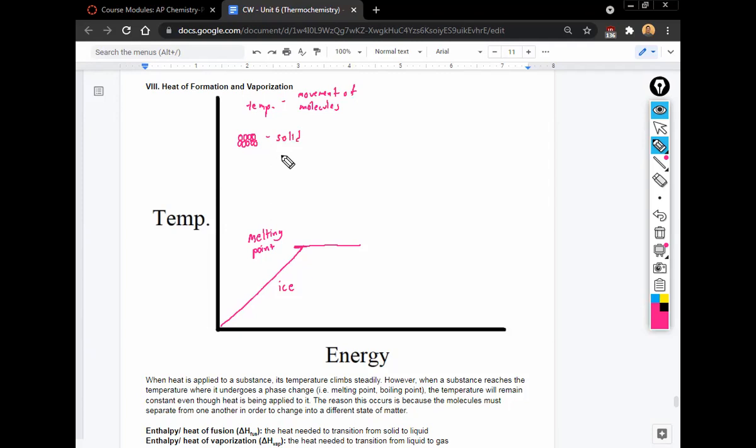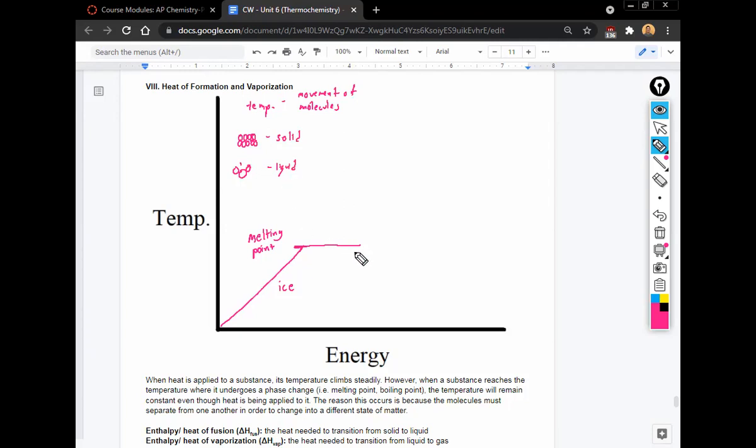How do the molecules interact in a liquid? They can move more freely, right? They're not as stuck together. In a liquid, they're a little bit loose. They're not completely loose, but there's room for them to move around. In a liquid, the molecules can move around, whereas in a solid, they're locked into place. They're stuck to specific ones.